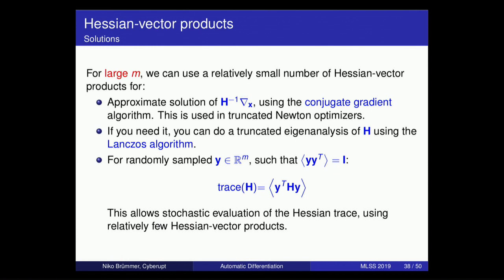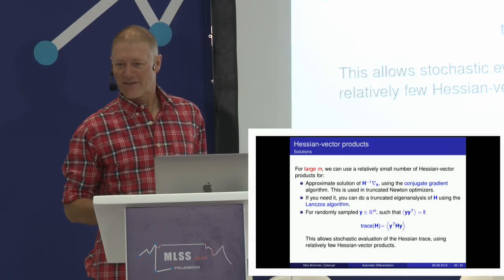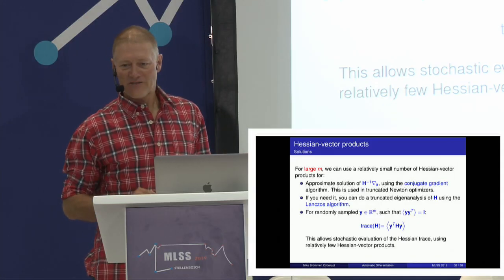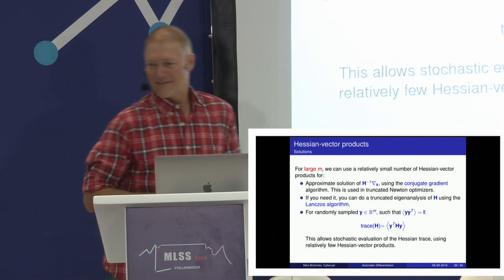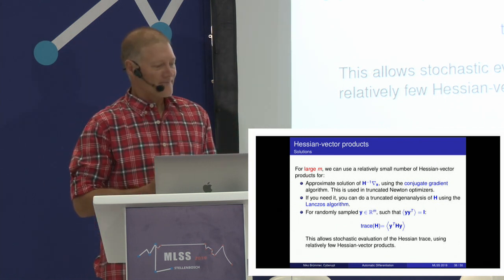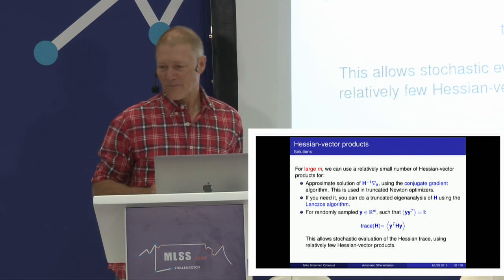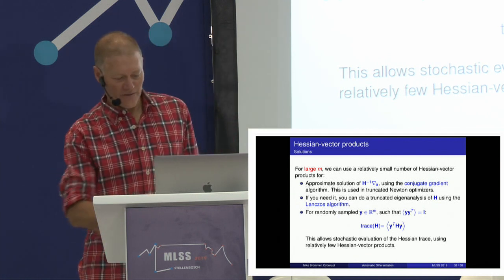So then you can apply Hyvärinen's score matching criterion to tell you how well you're doing, and I use this trace trick using Hessian vector products to get an approximate evaluation of that score at essentially no coding cost and quite fast enough. So there are some places where this might be useful.